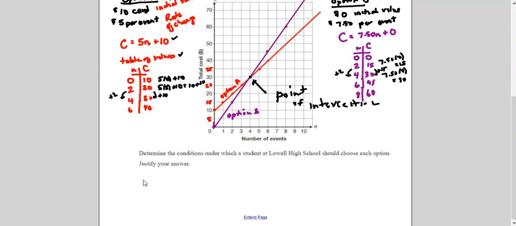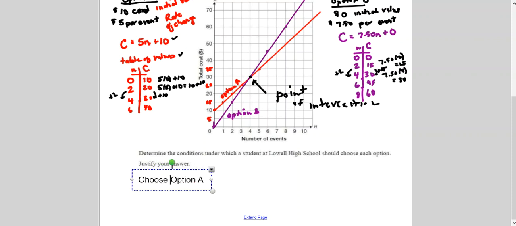All right. So when we're looking at the comparison, we can compare using the point of intersection as a deciding point. All right. So option A is, let me figure this out.